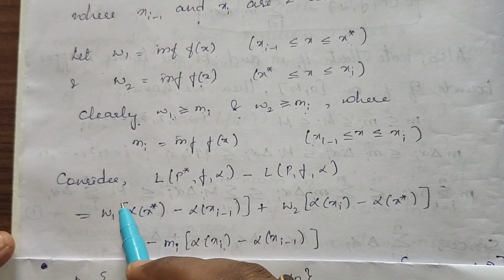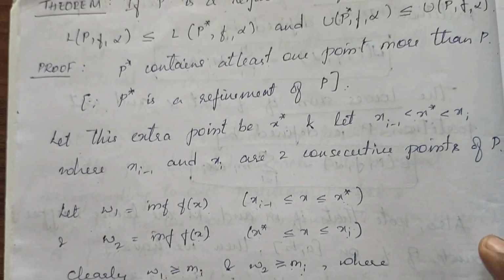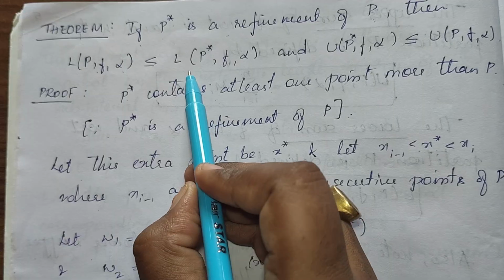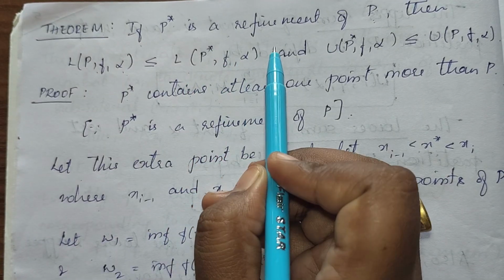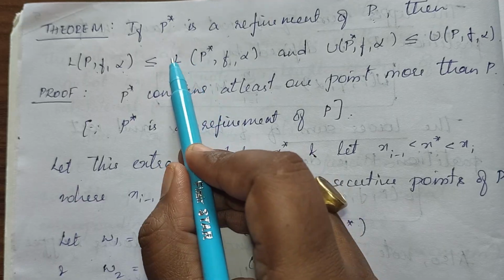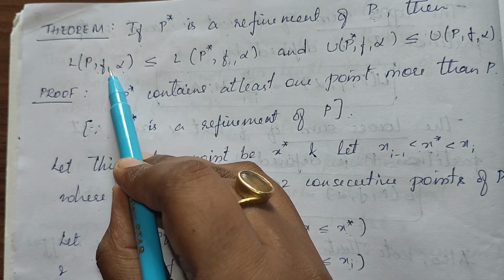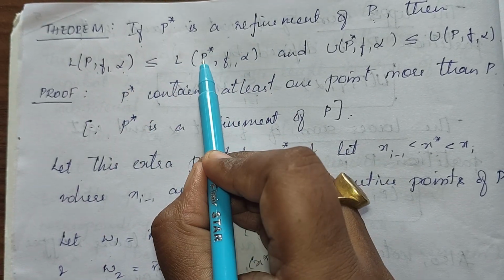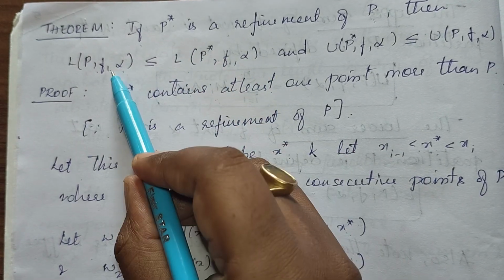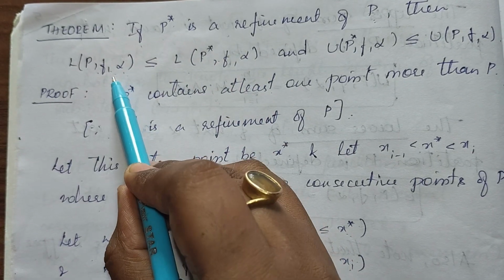So now actually we need to prove that L of p comma f comma alpha is less than or equal to L of p star comma f comma alpha. That is, we need to prove that this is greater than this, or the difference between this and this is greater than or equal to 0.